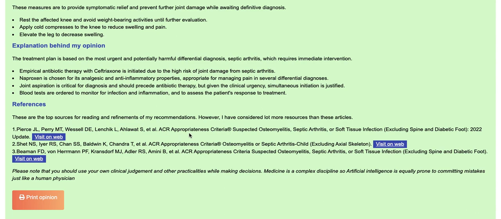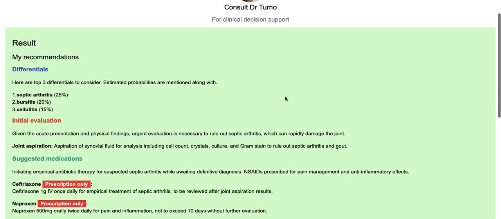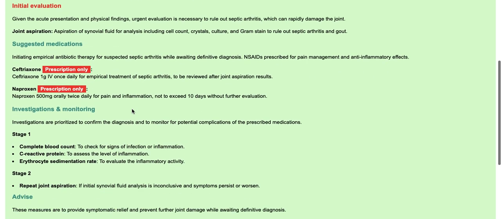First is ACR appropriateness criteria, suspected osteomyelitis, septic arthritis, soft tissue infection, 2022 updates. Next is ACR appropriateness criteria for osteomyelitis or septic arthritis, child version, and also the ACR appropriateness criteria, suspected osteomyelitis, soft tissue infection. So basically, all these three are focusing on septic arthritis, because that is the most urgent thing here.